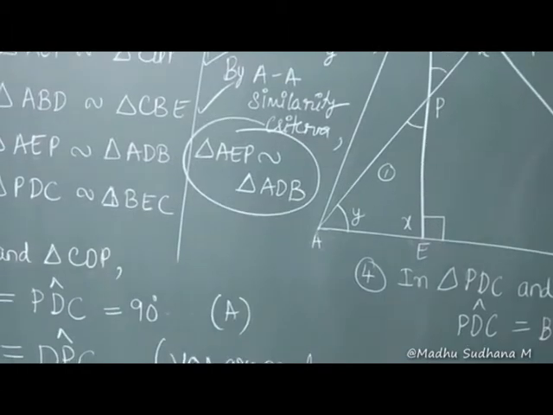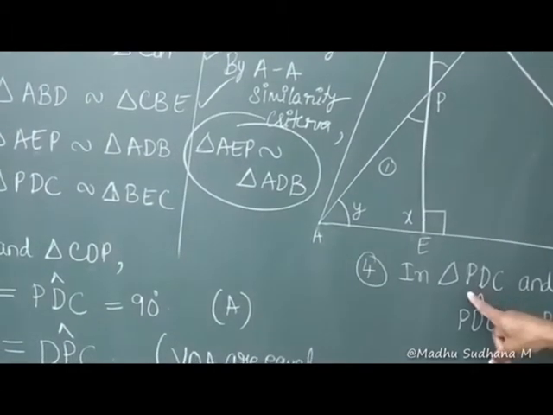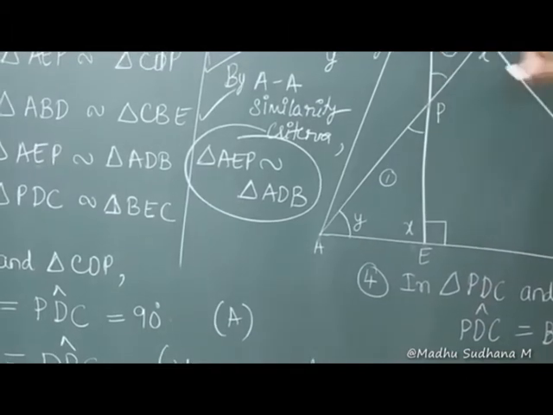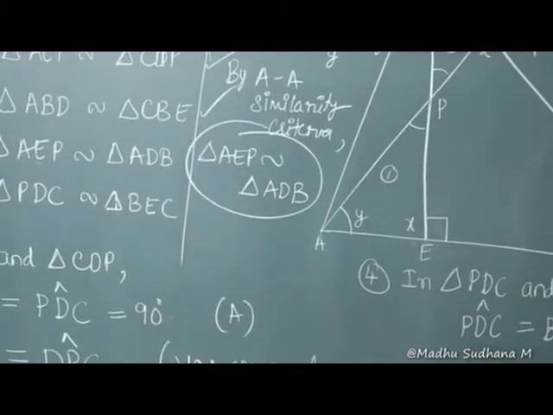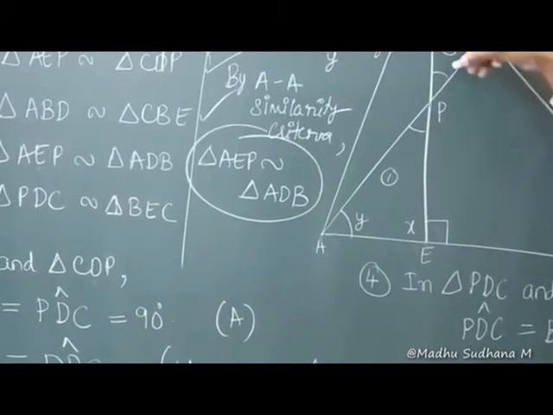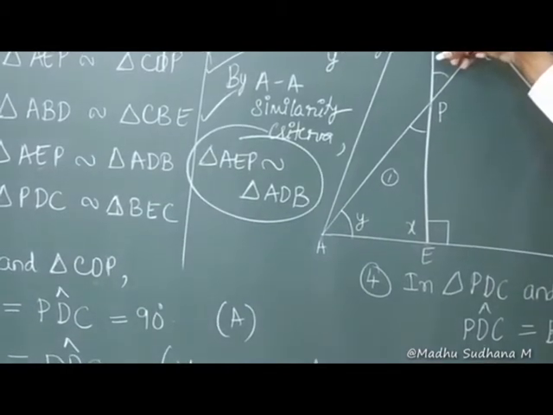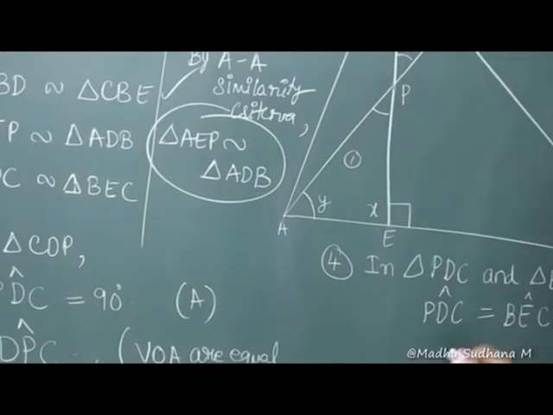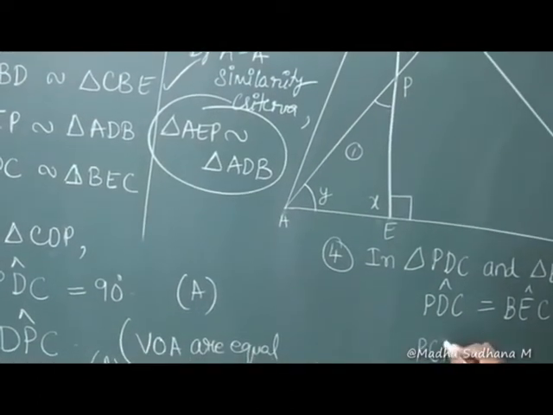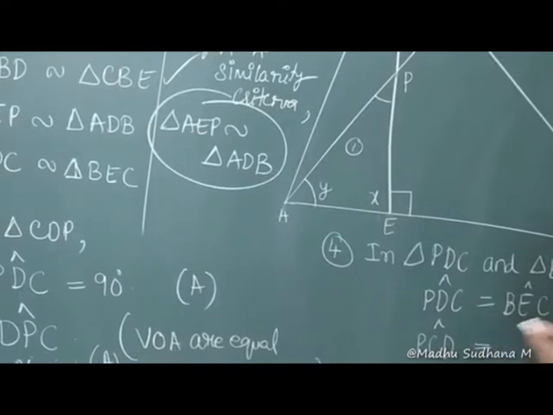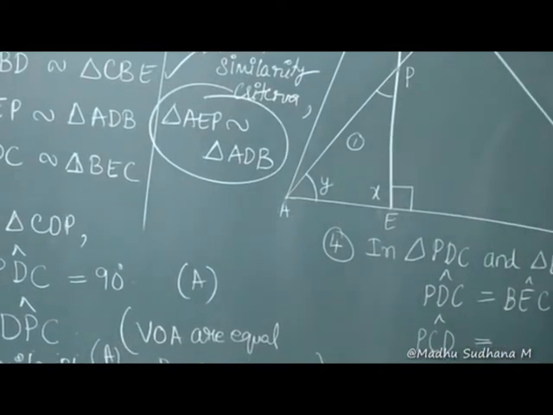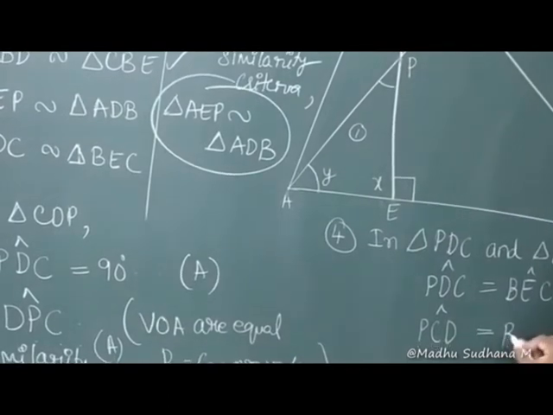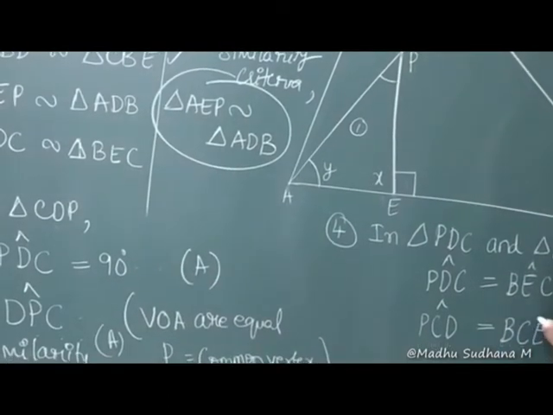So can we get one more angle? Any common angle in triangle PDC and BEC? I think we can get this common angle C, right? So if I start with this vertex here, I can write angle PCD, which is equal to angle BCE.